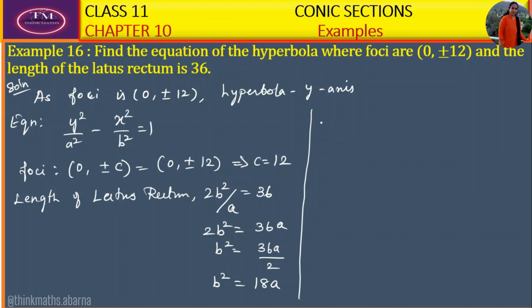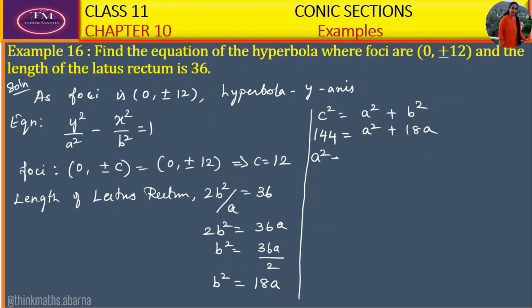Next, we know that c square equal to a square plus b square. What is c? c is 12. So 12 square is 144 equal to a square. So what is a square? We don't know. b square is 18a. Now this is looking like quadratic equation.